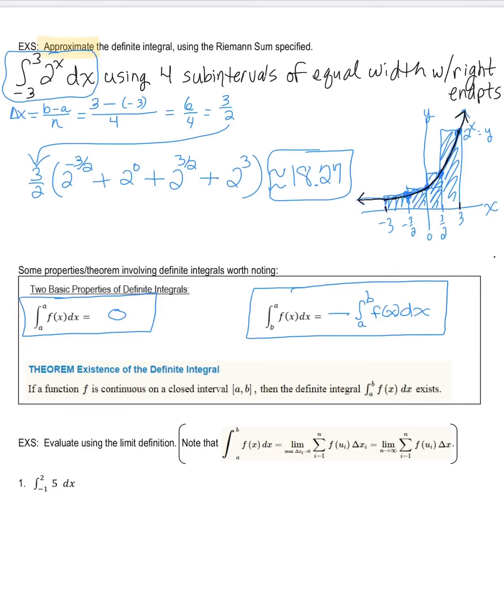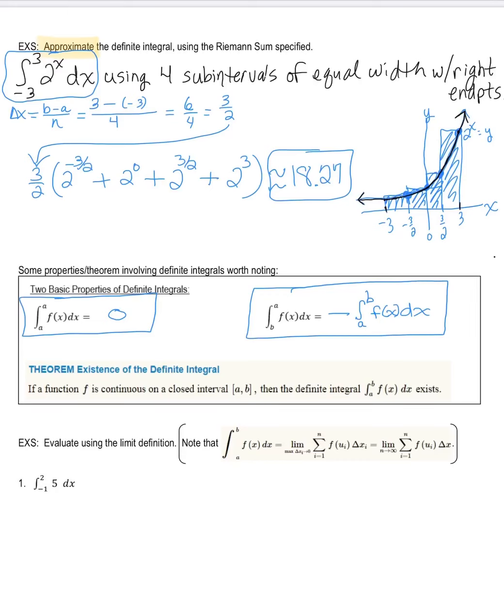So as long as we're continuous, we're going to be able to break this up into some sort of a partition, and eventually, if we want to, we can let n go to infinity or let the width of the largest partition go to 0. So as long as we're continuous on that closed interval, we will be able to find this definite integral.